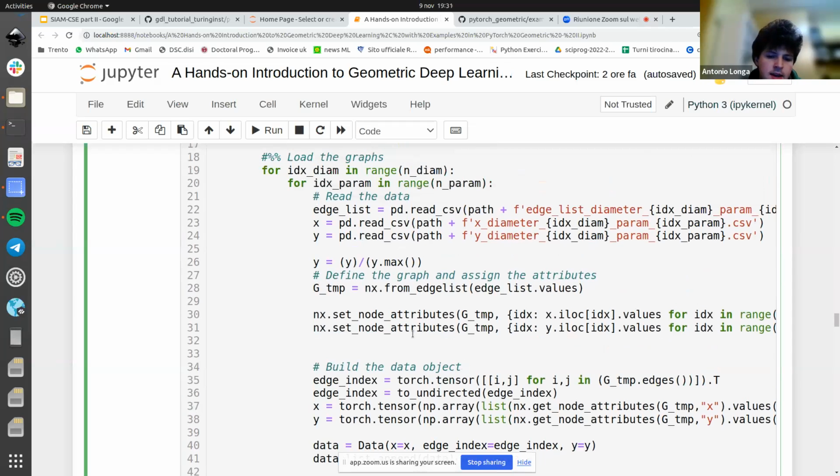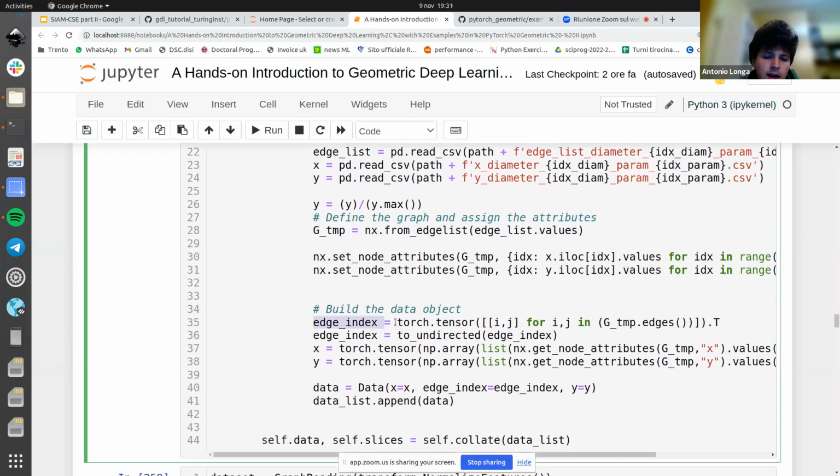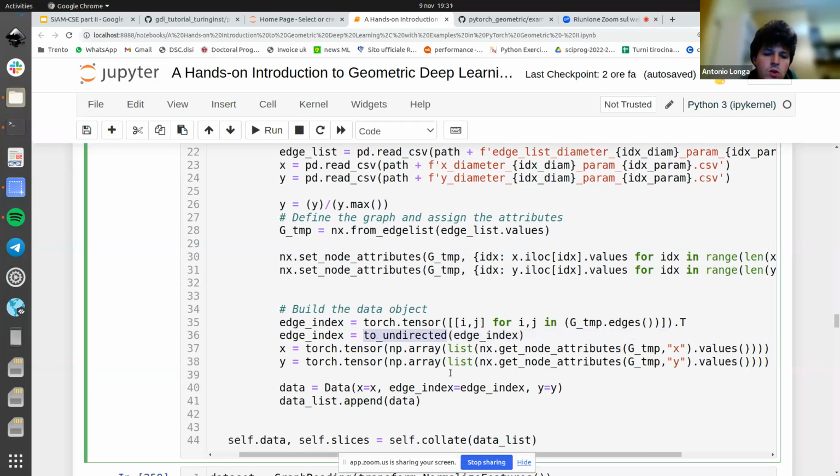So it's easy. In this case, we are building this edge index for each single graph, and in fact we build it simply using this torch tensor and iterating over the edges. We convert it to undirected using the function. And then we took the X and the Y, taking the node attributes.